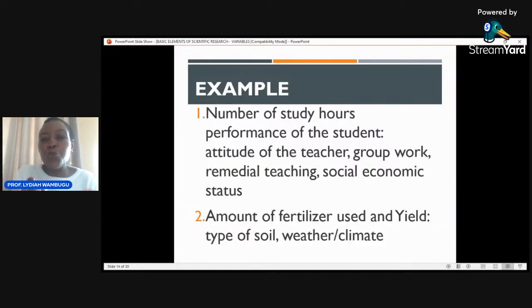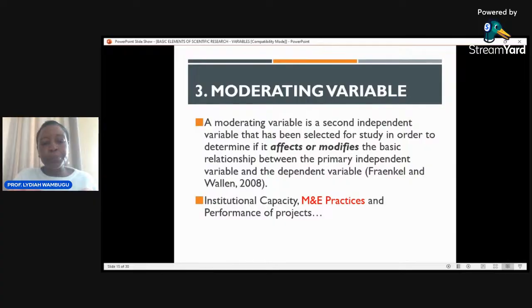It is you as a researcher, based on your problem, that identifies the IV, DV, identifies the confounding, and now number 3 is a moderator, moderating variable.